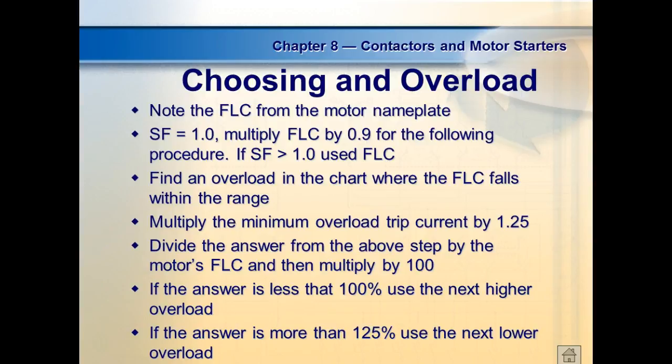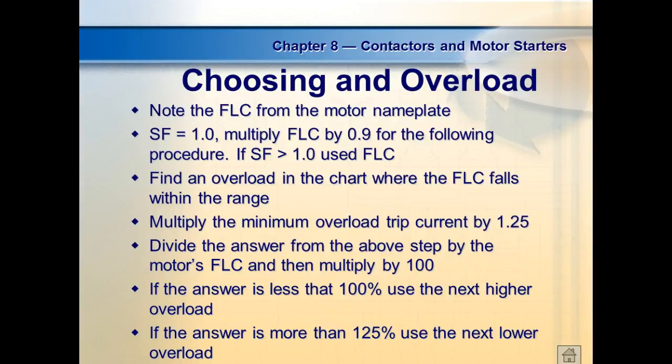So this overload will be okay. Very seldom will you find an overload that would not be okay. Every once in a while you do, especially when you get towards the low end and the high end.